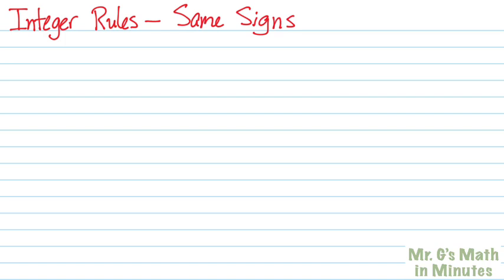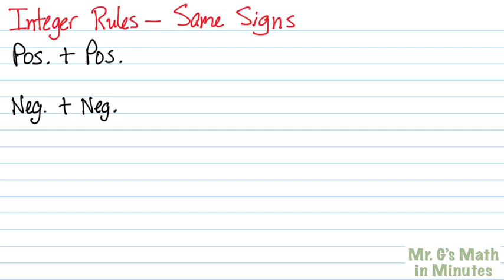So when I say same signs, I mean that you have a positive plus a positive, or a negative plus a negative. And what those imprecise number lines would look like for a positive and a positive, we'd have our 0 here, and then you would go to the right some positive number, and then you would continue going to the right with that next positive number.